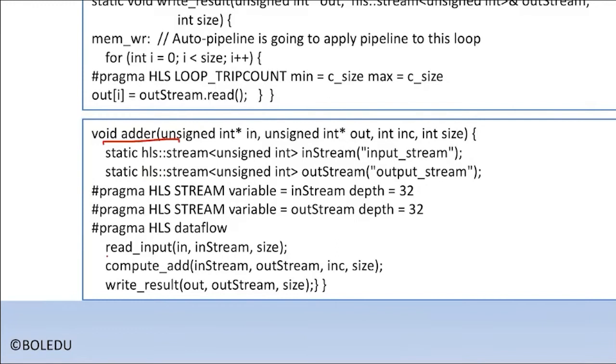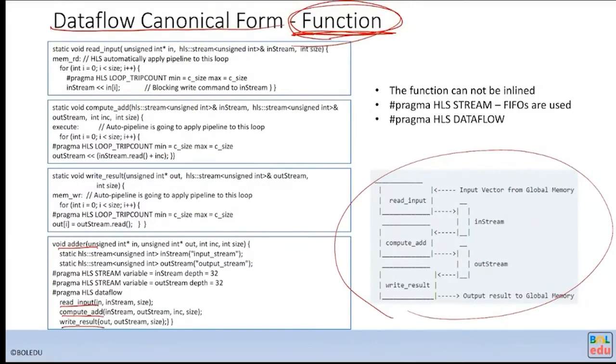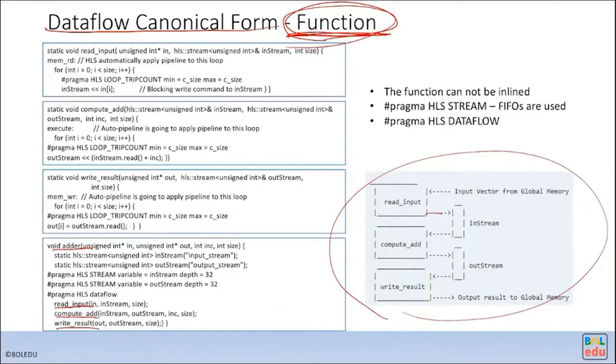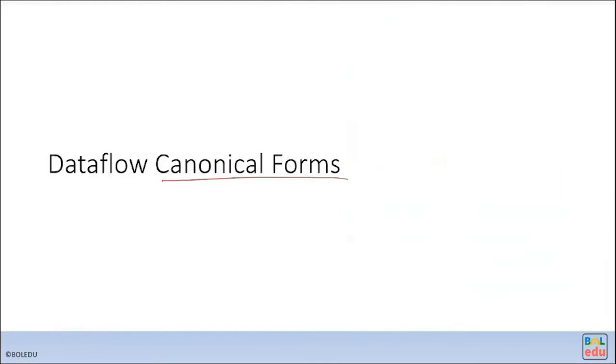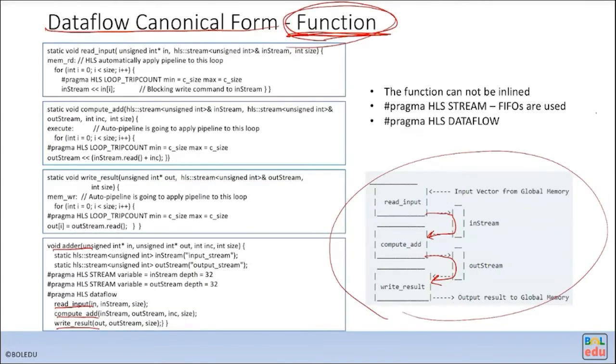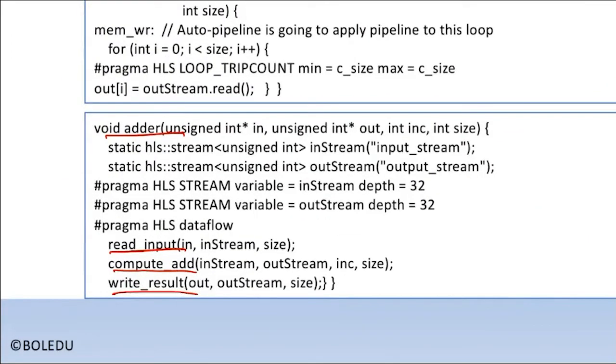As a function, you have three sub-functions, and each one uses the stream to connect these functions. Okay, let's look at the code here.